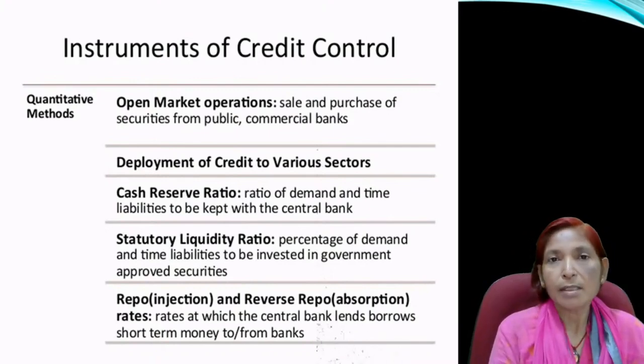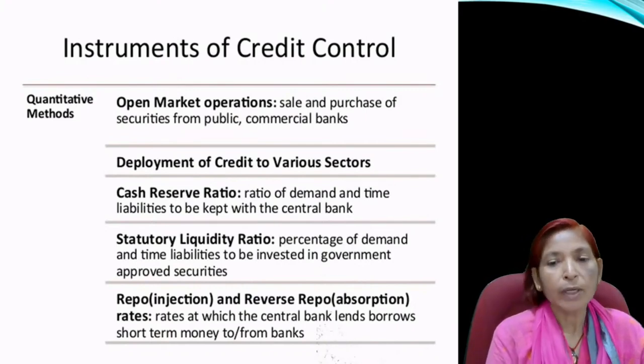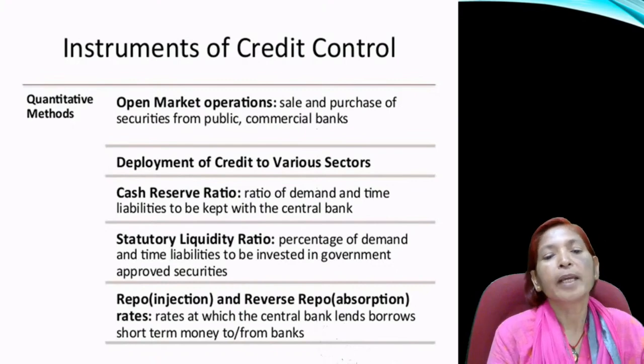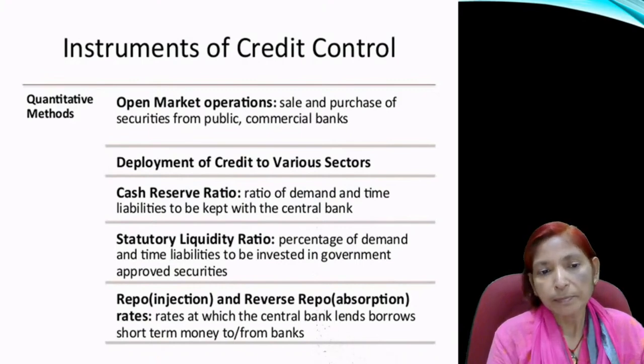So this is known as CRR, minimum reserve or cash reserve, and the ratio is fixed by the Reserve Bank of India. It is the ratio of demand and time liabilities to be kept by all commercial banks with the central bank.